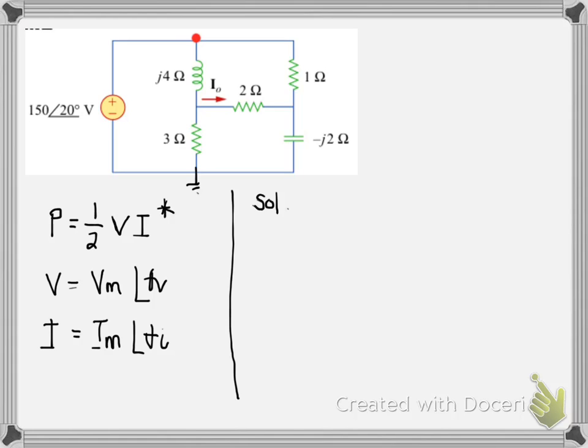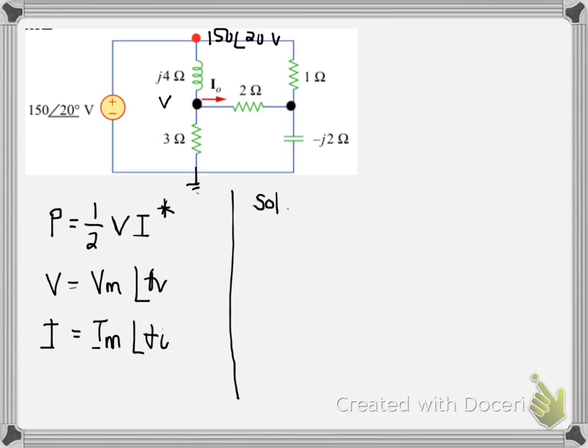So that means that this node is 150 angle 20 volts, and the other non-reference nodes, you have this one, and the other is this one.